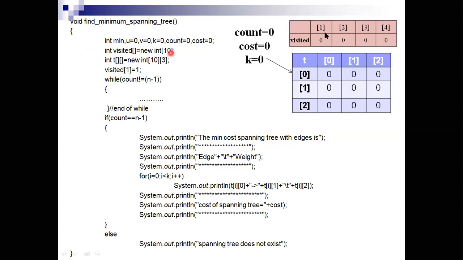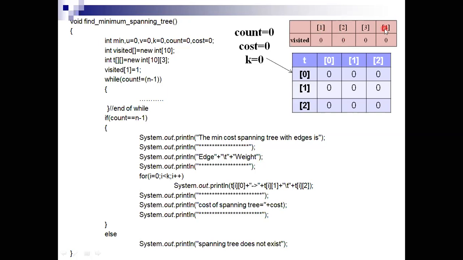For my illustration, I've taken only 4 because I have how many vertices? 4 vertices. So 1, 2, 3, 4. You all know that in Java, it will be initialized to the default value of integer, that is 0, while creating. And you can now see visited of 1 equals 0, visited of 2 equals 0.